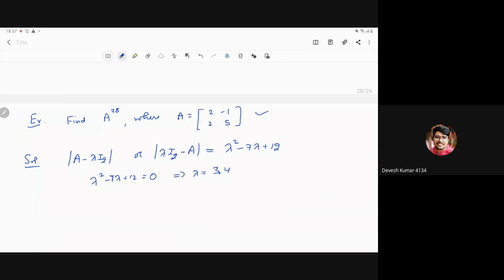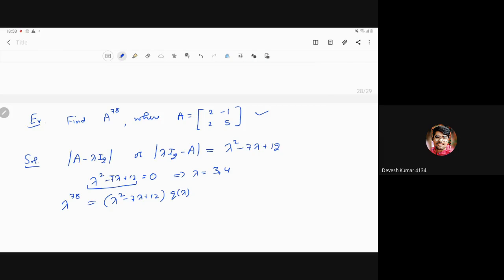Now tell me, if I divide lambda power 78 by the characteristic polynomial, what do I get? Lambda square minus 7 lambda plus 12 into some function of lambda, that is your quotient.